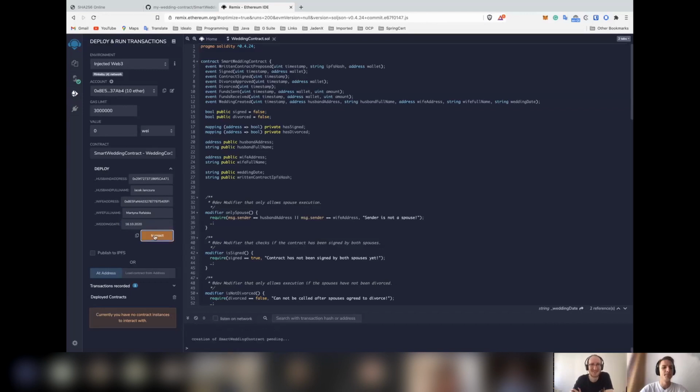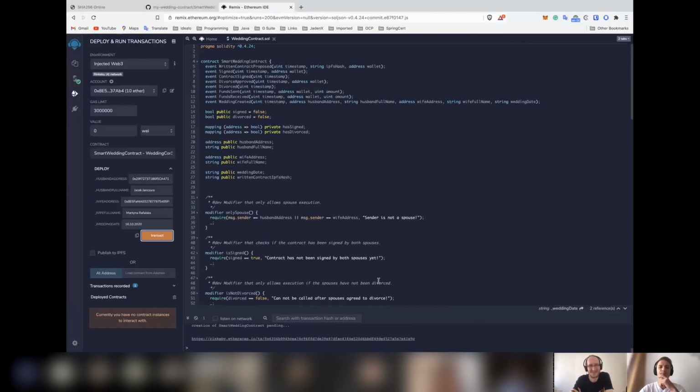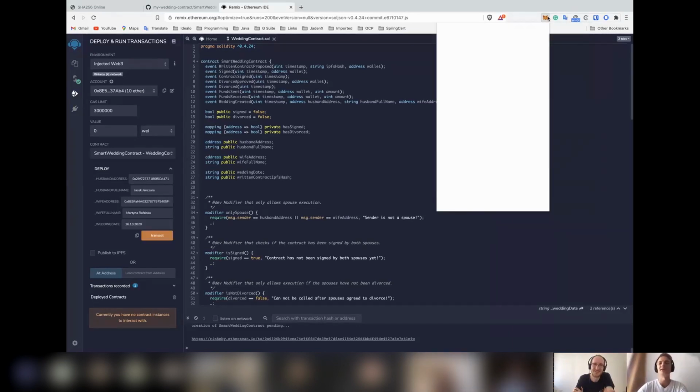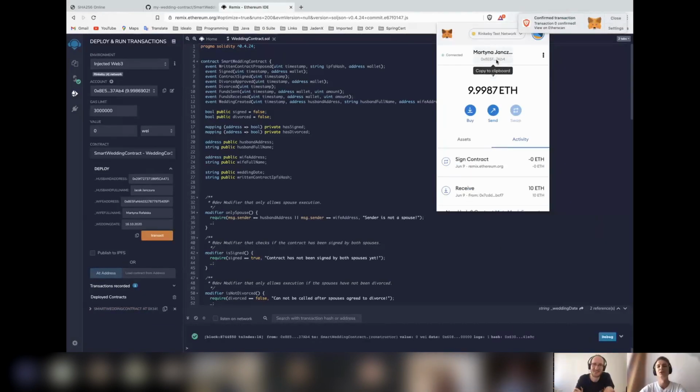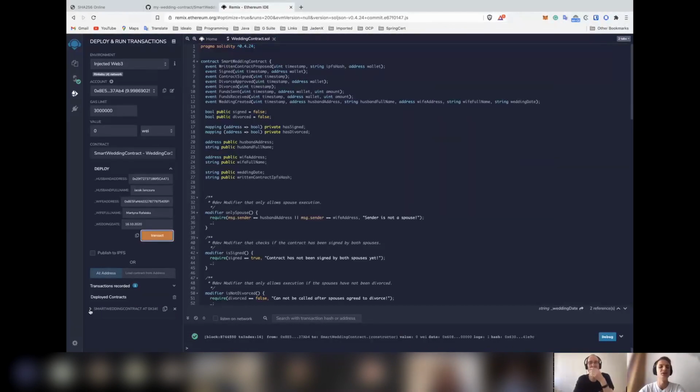And you transact. I confirm. So this automatically asked MetaMask if I want to use this account, my account, to deploy that transaction. I agreed, and the transaction is already deployed to the blockchain.